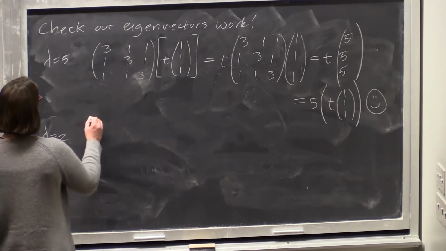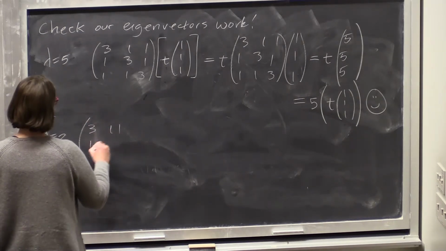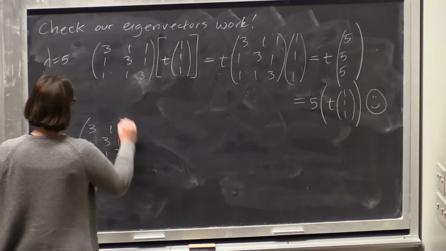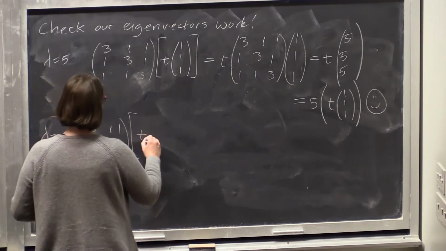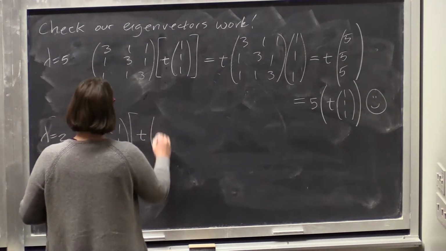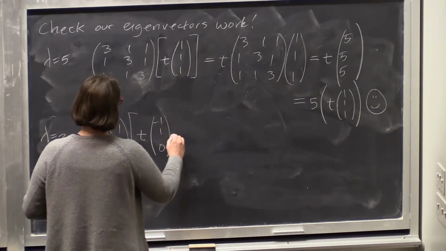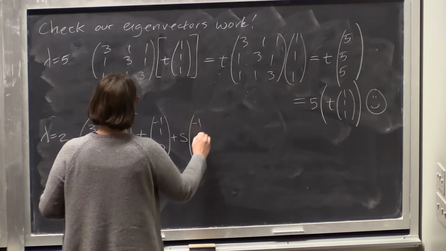For lambda equals 2, we have 3, 1, 1, 1, 3, 1, 1, 1, 3 times t times minus 1, 1, 0 plus s times minus 1, 0, 1.